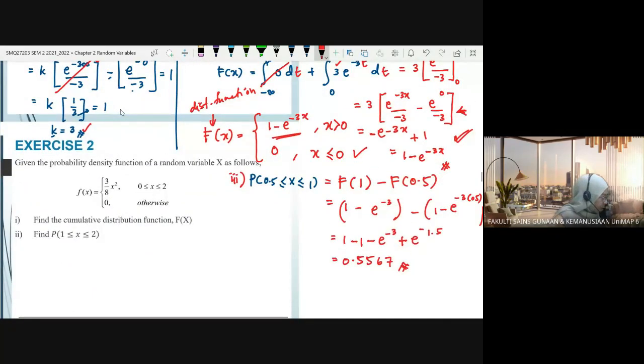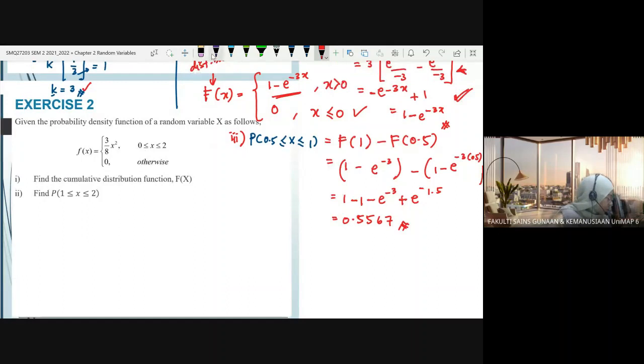Now, let us see exercise number 2. Okay, just to get the feeling of how the continuous random variable can be solved for the probability density function, as well as finding the cumulative distribution function and the probability value.